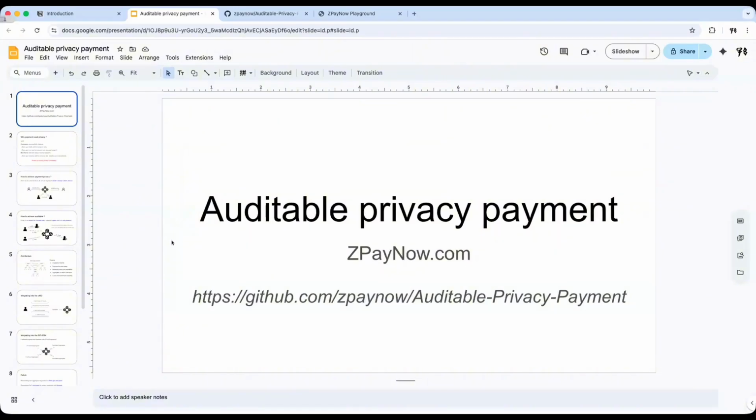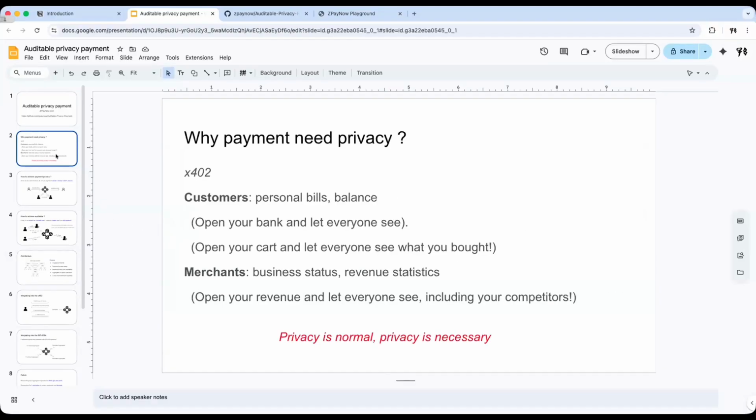Firstly, I will introduce our auditable privacy payment. When you see the title, you already know what it is. So let's expand. When we use crypto payment, because the blockchain is open, everyone can see all the transactions. But in the real world, we don't want to share personal information with others.